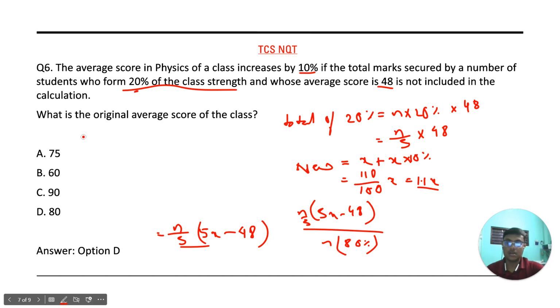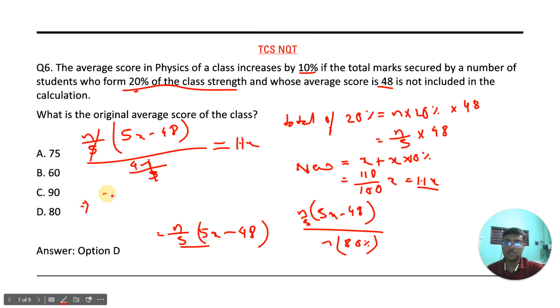Now n by 5. If you know that 80% is equivalent to 4 by 5, thus 5x minus 48 by 4n by 5. Here n by 5 and n by 5 can be cancelled, and this would be equivalent to the new average, which is equal to 1.1x, which is 5x minus 48 is equal to 4.4x.